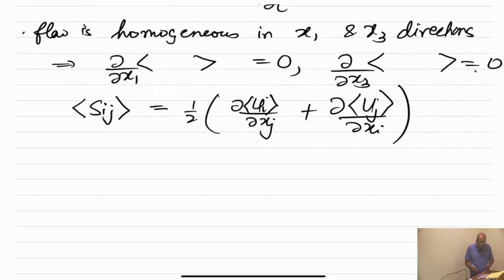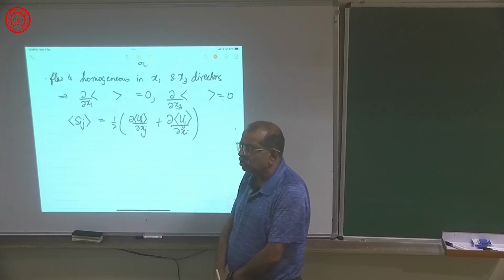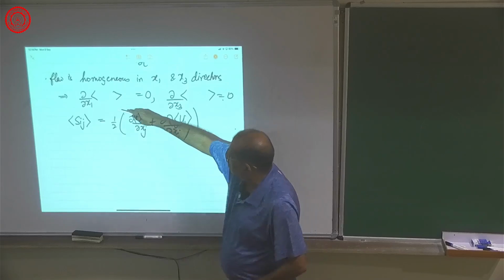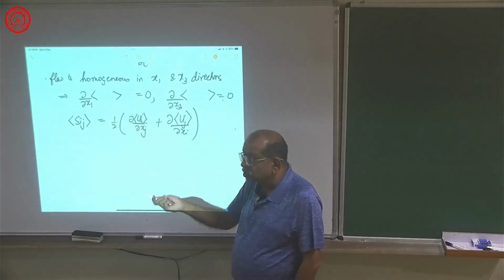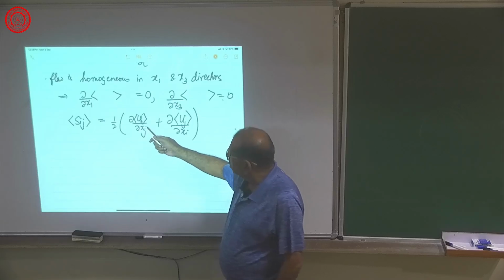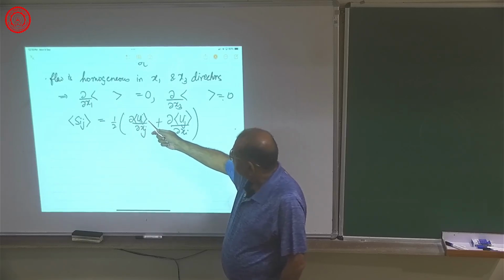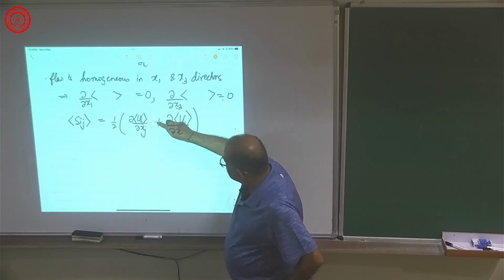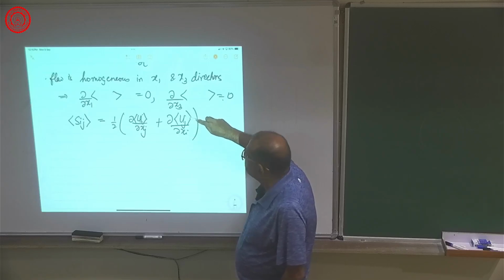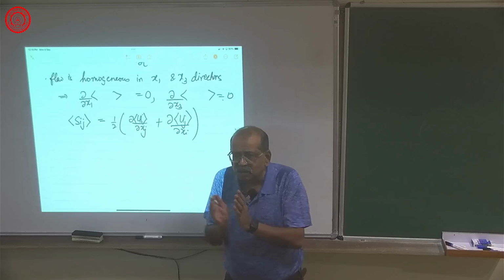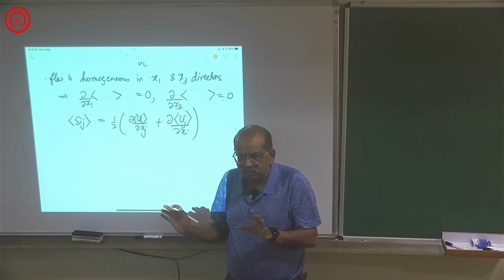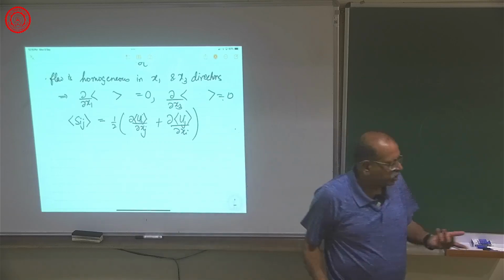Now, if I write the components of Sij, which components will be non-zero? So du1 by dx1, is it 0 or non-zero? d by dx1 is 0. d by dx3 will also be 0. So that means the only thing which will count is d by dx2. And i will have to be 1 in this one, and in this case i will be 2 and j will be 1. So the only non-zero component will be S12. S12 and S21, that's right, because S12 and S21 are equal.